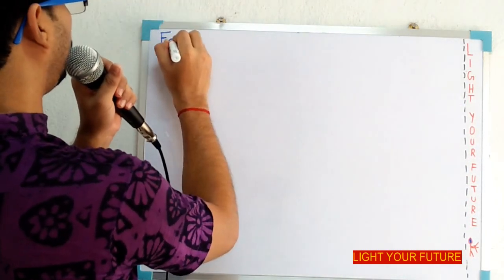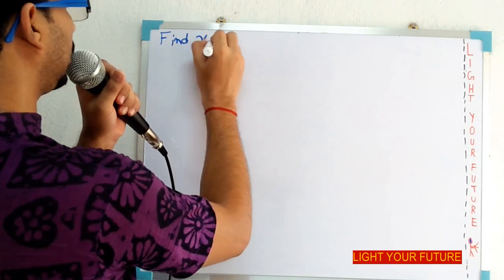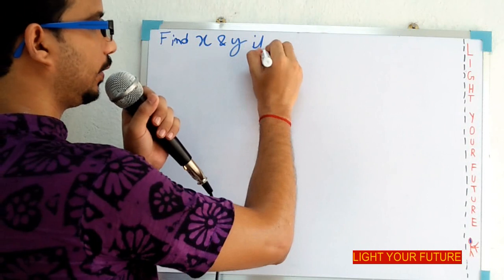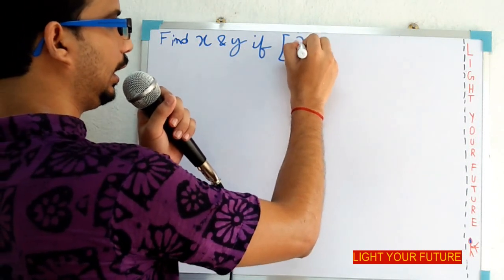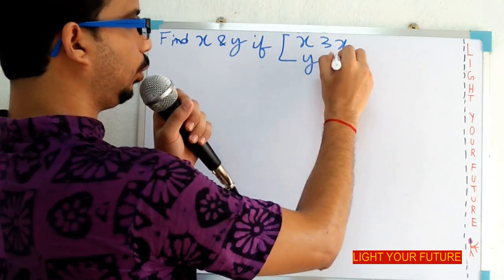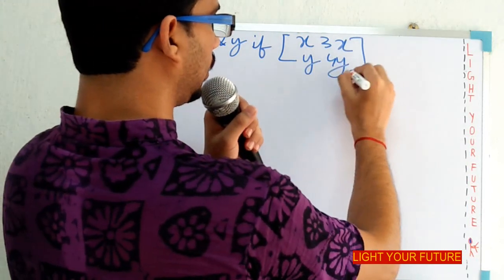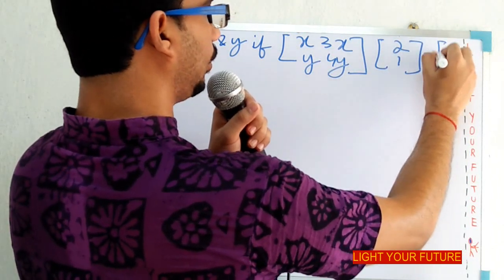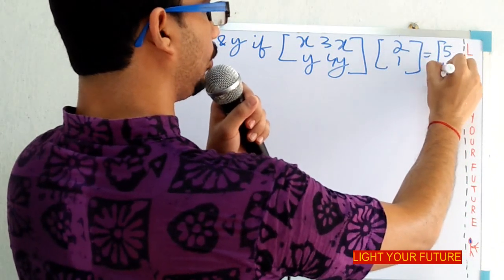Now find x and y if [x, 3x; y, 4y] times [2; 1] is equal to [5; 12].